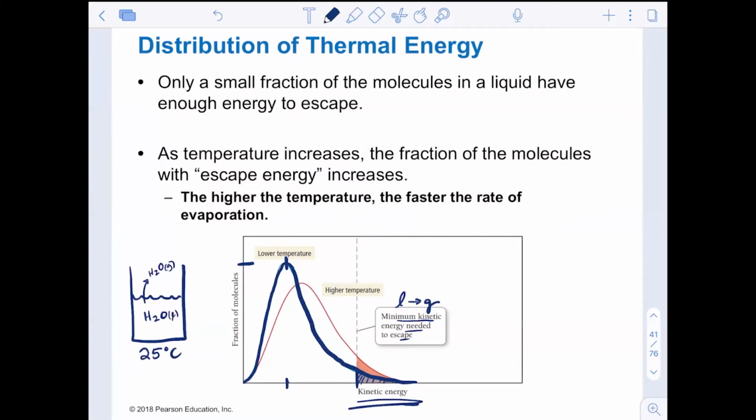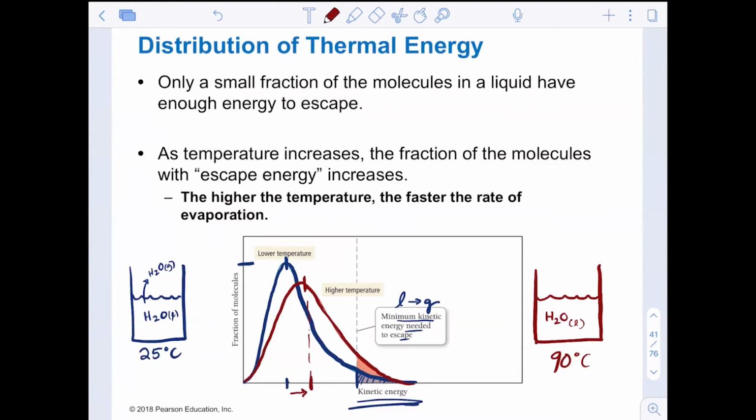Now, if we increased the temperature, if we took that same glass of water, let's pretend it looks the same. If we increase the temperature to, say, 90 degrees Celsius, what happens to our average kinetic energy? It's increasing, right? The average kinetic energy is increasing. Definitely increase kinetic energy by increasing temperature.